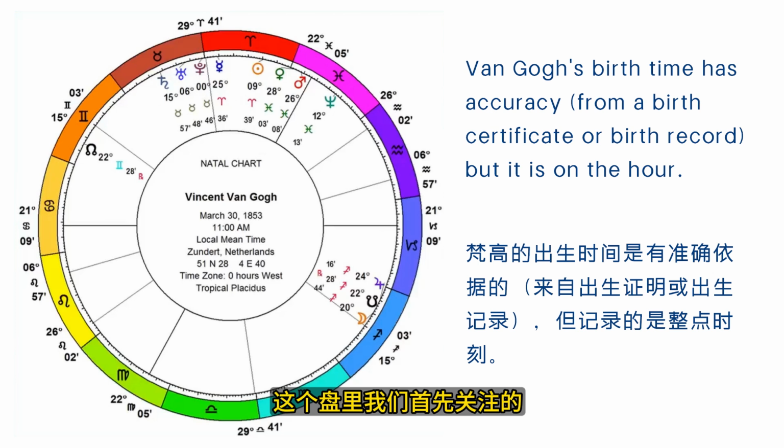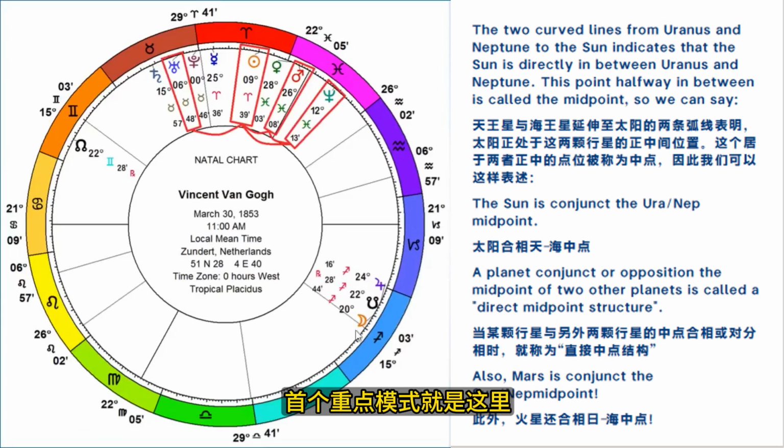The first one that we're going to look at is shown here, where the Sun at 9 degrees Aries is halfway in between Uranus and Neptune. So the Sun is conjunct the Uranus-Neptune midpoint. If it's opposition, if the Sun was at 9 degrees Libra instead of 9 degrees Aries, it would be opposition that midpoint, and it would still have an angle of Sun to Uranus equal the angle from Sun to Neptune.